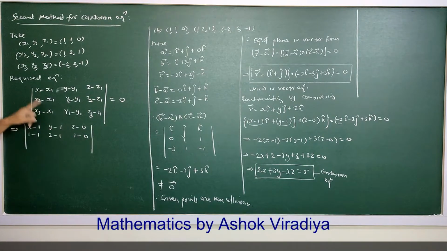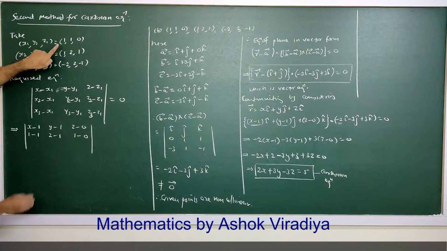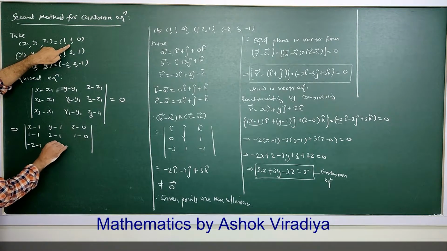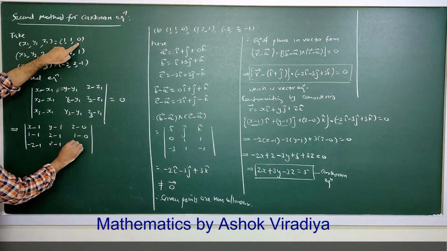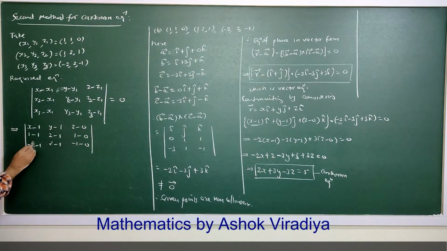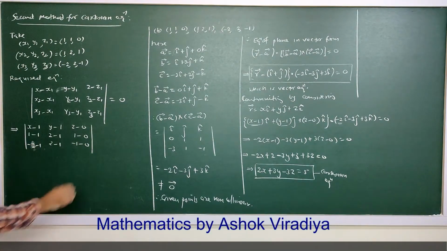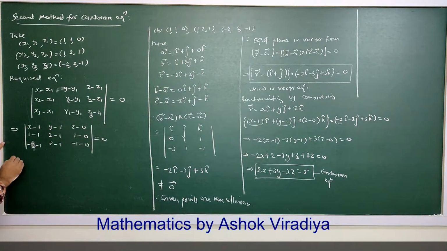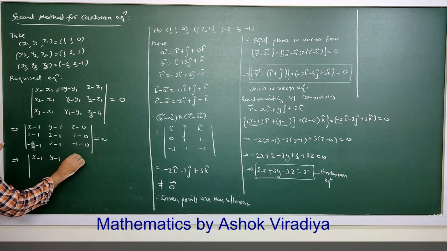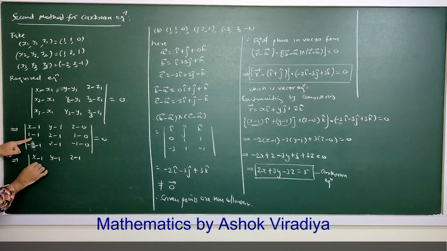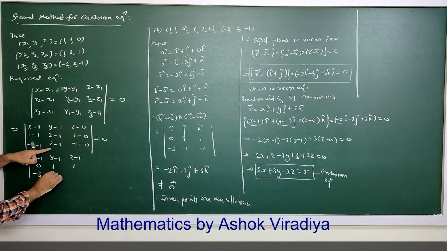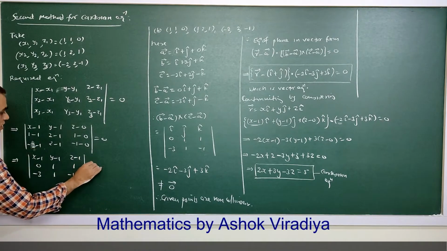Then x3 minus x1, so minus 2 minus 1, 2 minus 1, minus 1 minus 0 equal to 0. Don't forget to continue this equal to 0. So that is x minus 1, y minus 1, z. Here 1 minus 1 is 0. This is 1, 1. Here minus 3, 1, minus 1 equal to 0.